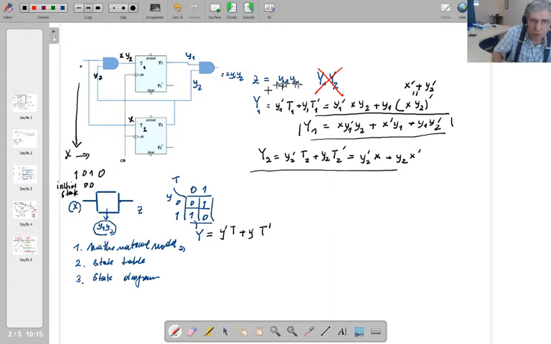What you're going to do, for example, here, if your initial state is 0, 0, so that means y1, y2 is equal 0, 0, and x is 1. So you can find out the z function, capital Y1 and capital Y2 values by using this model.